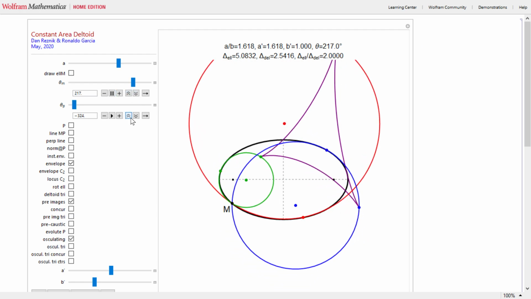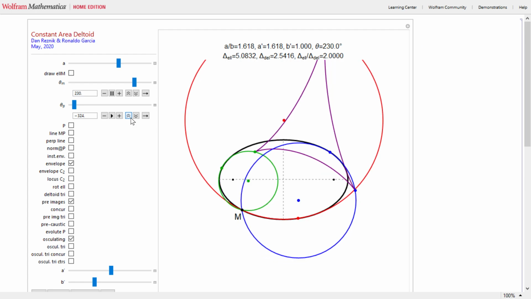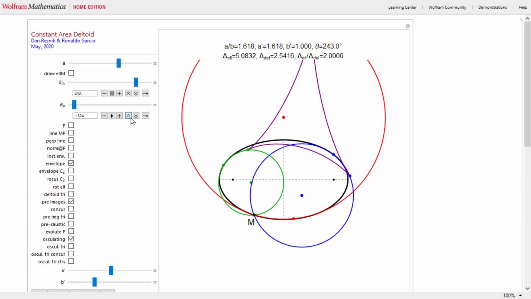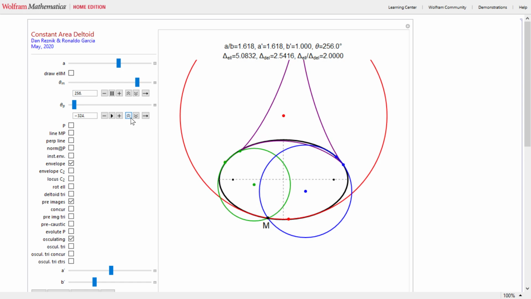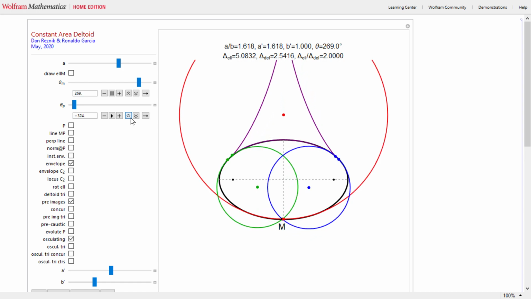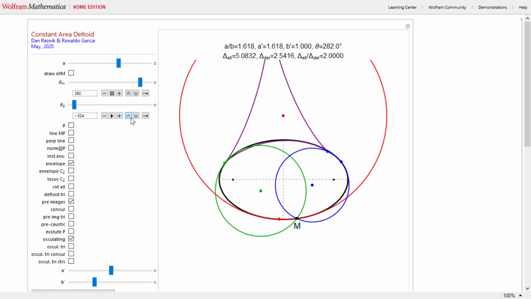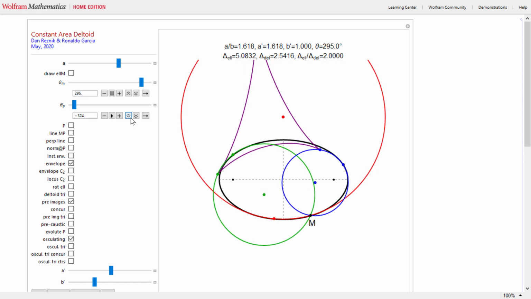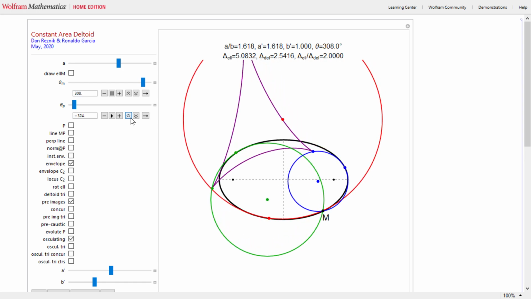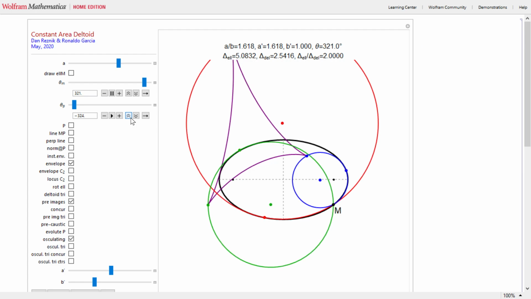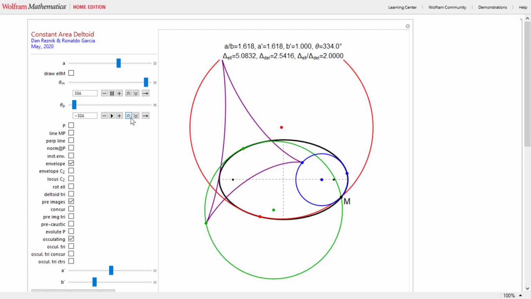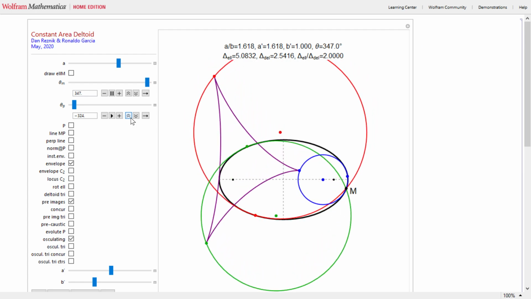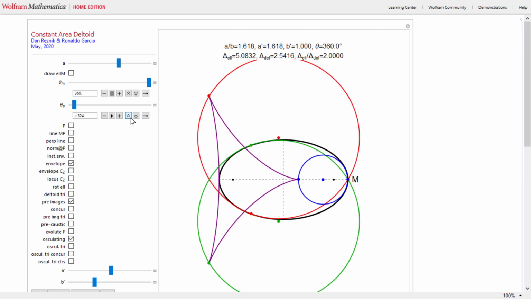So as I animate my anchor point M and I keep drawing the constant area deltoids, you can see that the three osculating circles at the preimages of the cusps meet at M. Not only that, the cusps of the deltoids lie on each of the circumferences.